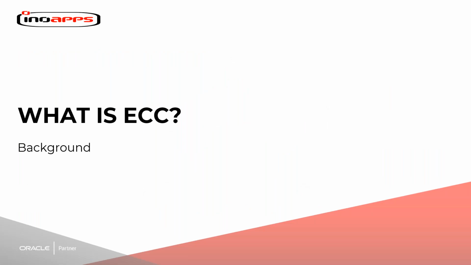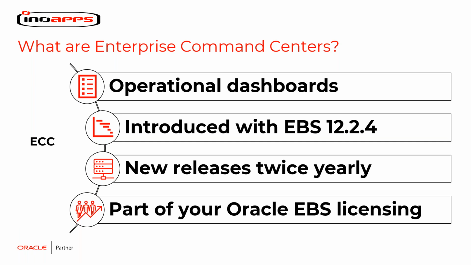Thank you, Deborah. So next slide, please, Becky. So what exactly is ECC? Enterprise command centers are, simply put, a series of operational dashboards that help you run your business more effectively and quickly, bigger, better, faster.